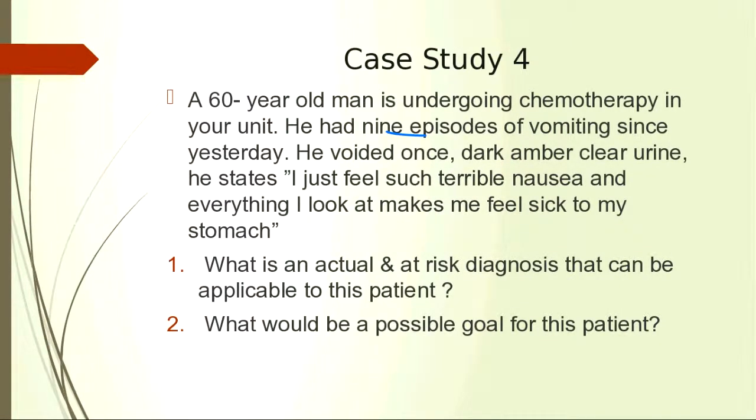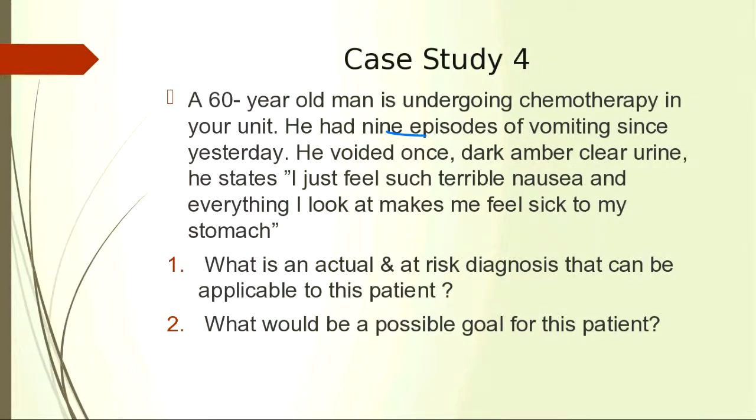And what could be a possible goal for this priority? A goal could be the patient will be able to ingest a small portion of bland food every 2 hours and retain it in the next 24 hours. So here I know that this person is not able to eat properly and is nauseated. So bland food means no spices, it doesn't have much taste, but it's better in these cases.